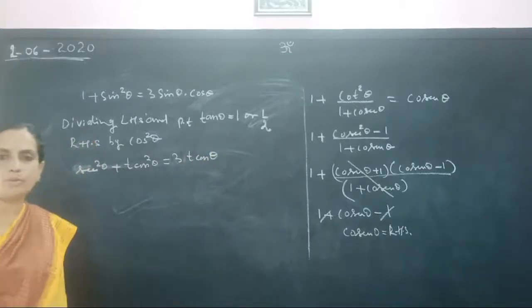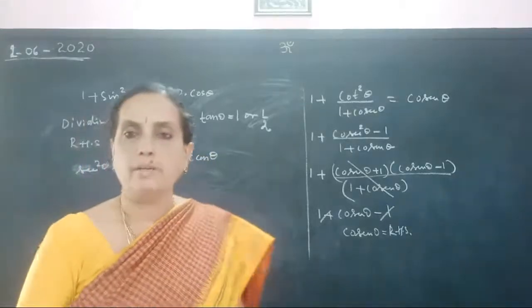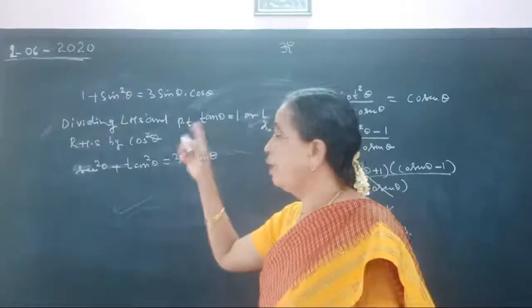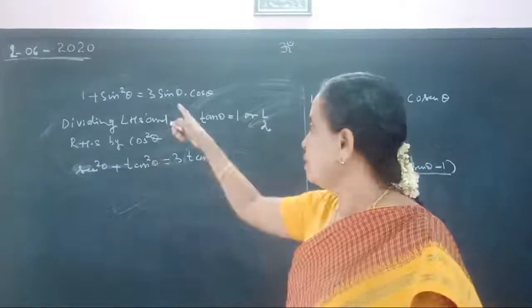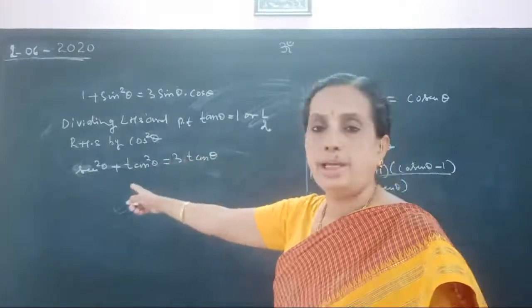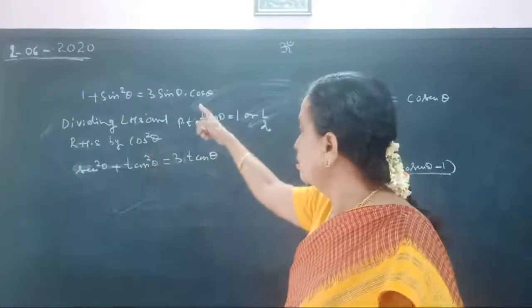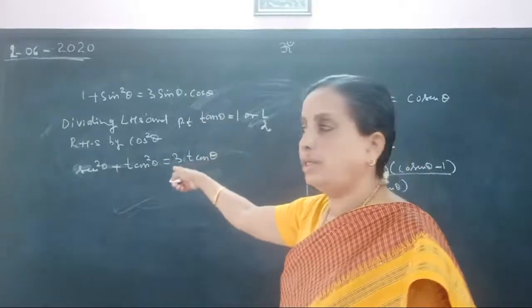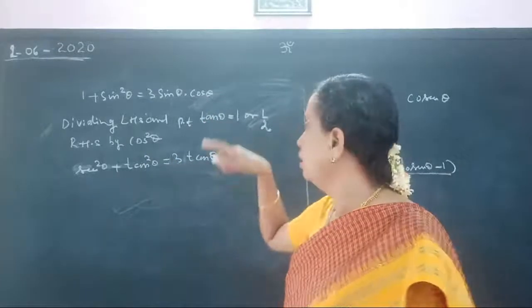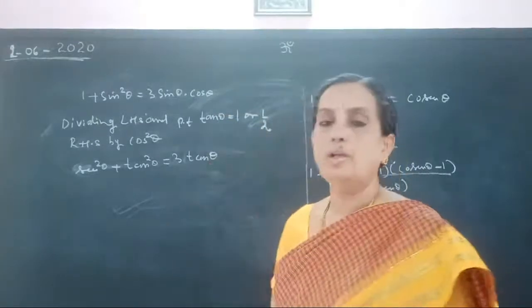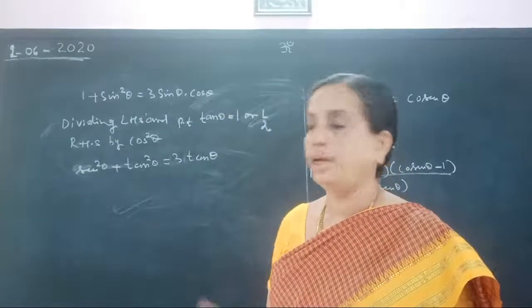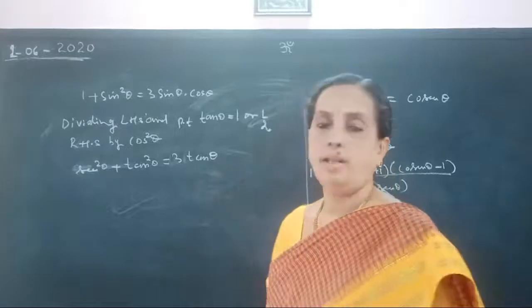If you are confused, show the steps dividing each term of LHS and RHS by cos square theta. It is 1 by cos square theta is secant square theta. Sin square theta by cos square theta is tan square theta. And 3 sin theta cos theta divided by cos square theta, one cos gets cancelled, you will get 3 tan theta.